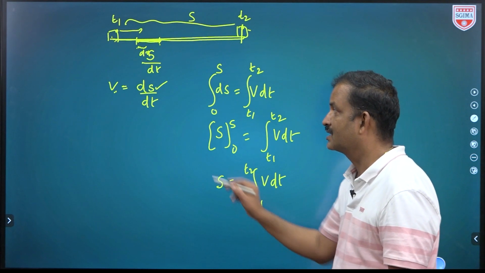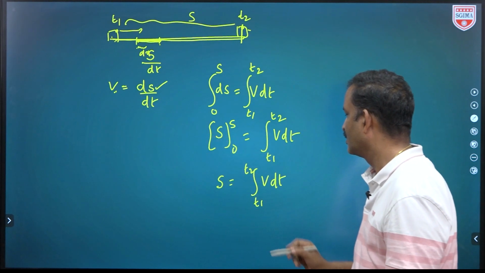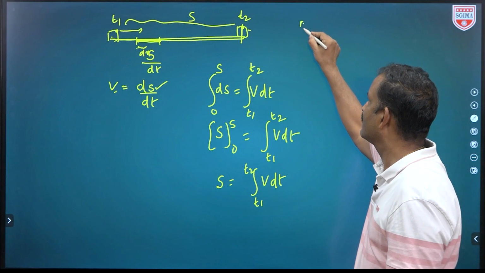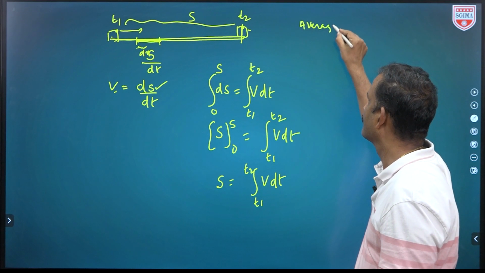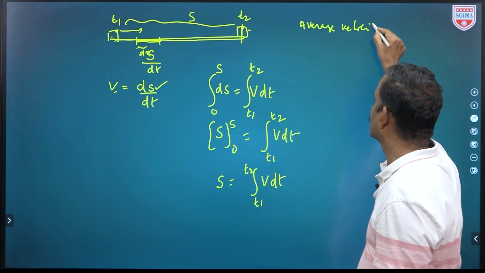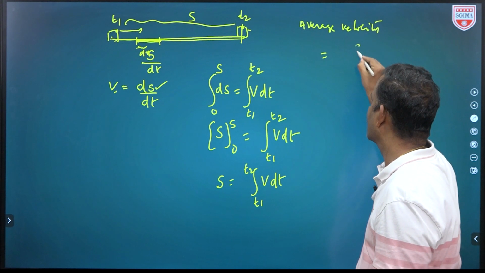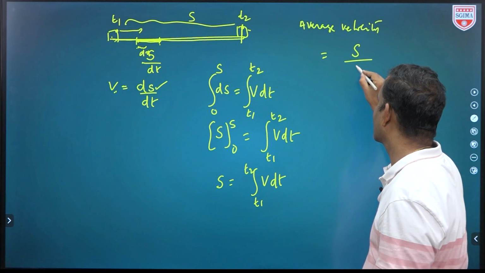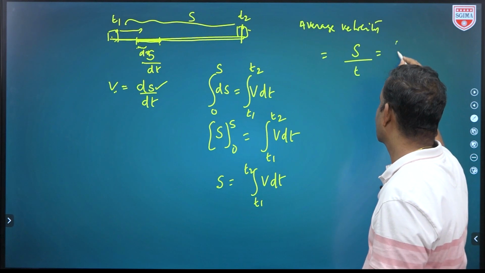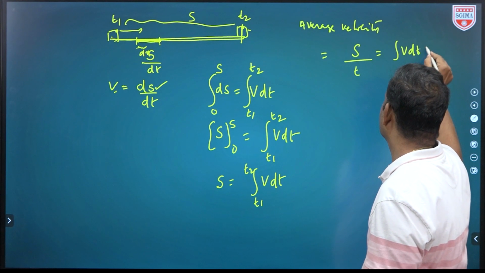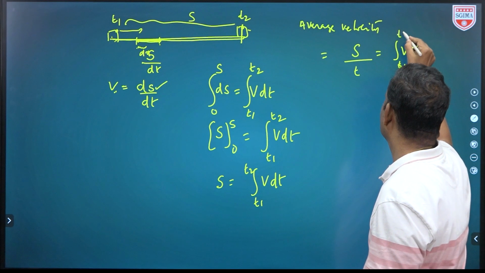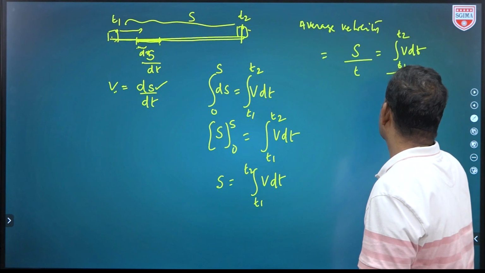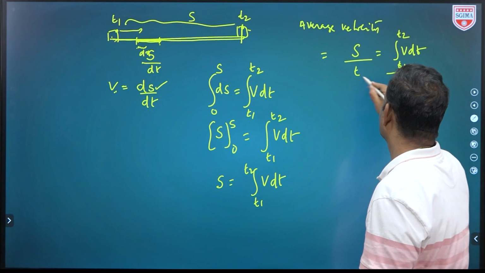Suppose average velocity, this is instantaneous velocity. If you want to find out the average velocity, it is total displacement by total time. Total displacement by total time is equal to integral of v dt with limits t1 to t2, divided by the integral of dt with limits t1 to t2.